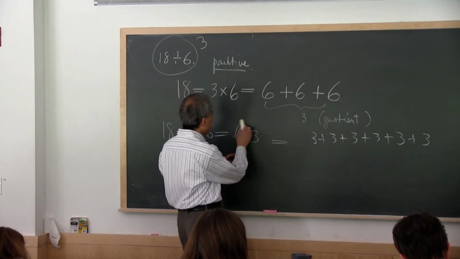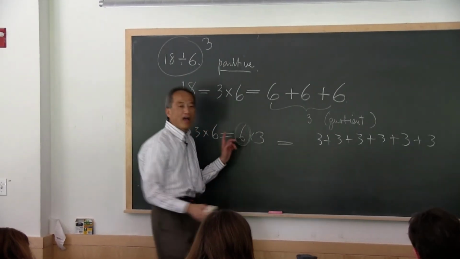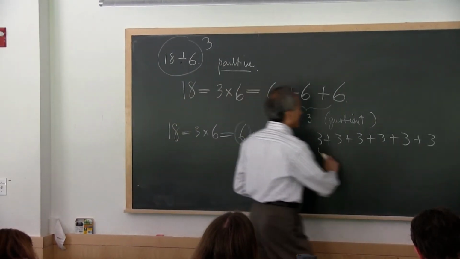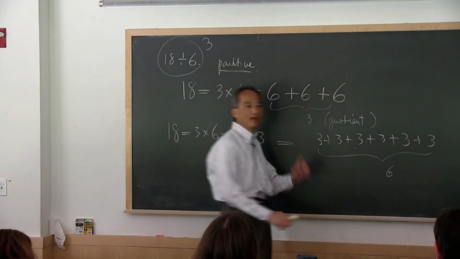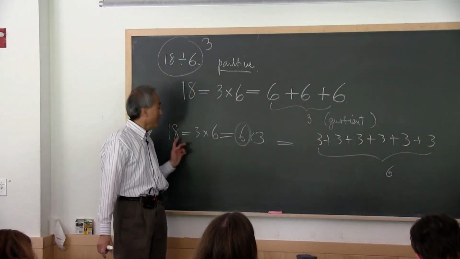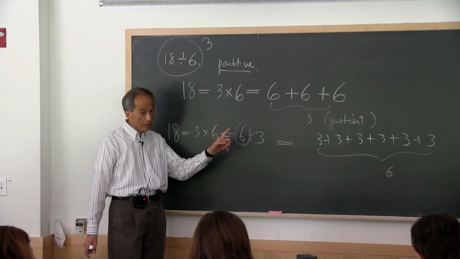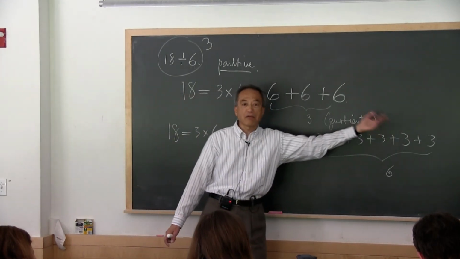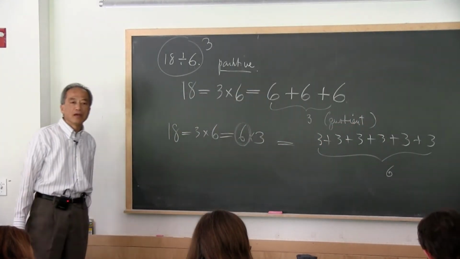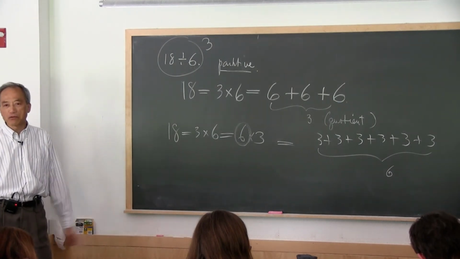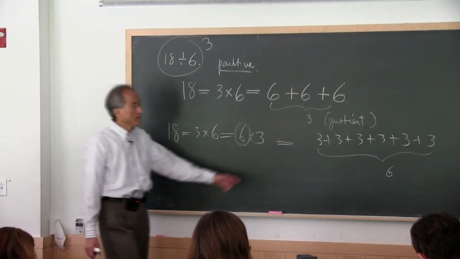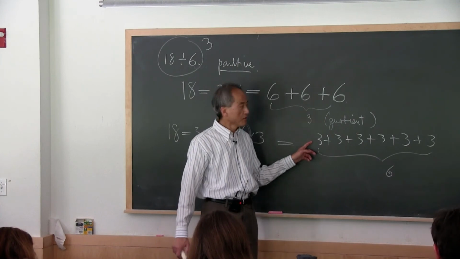Because this is 6, ahead of time you know there are 6 groups here. You are dividing 18 into 6 equal groups. There's nothing more equal than that: 3, 3, 3, 3, 3, 3. And now you ask, how big is each group? That's the question.